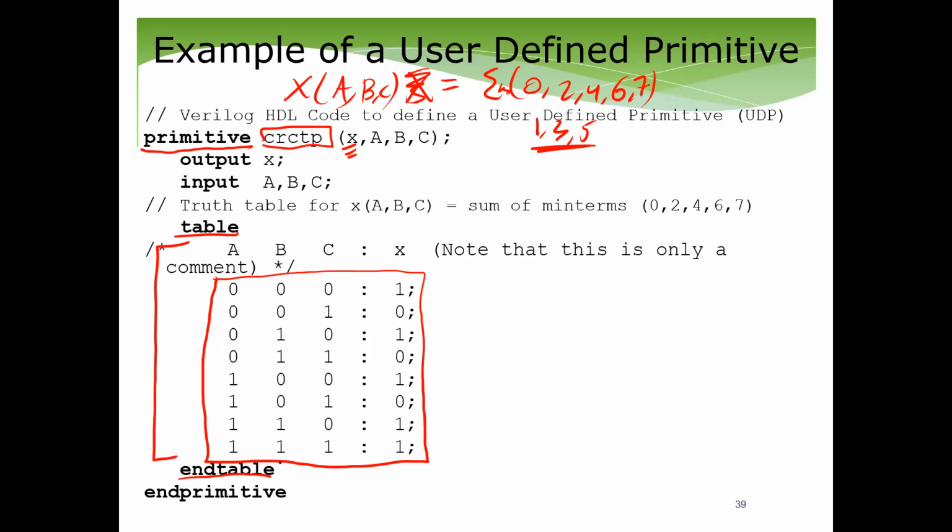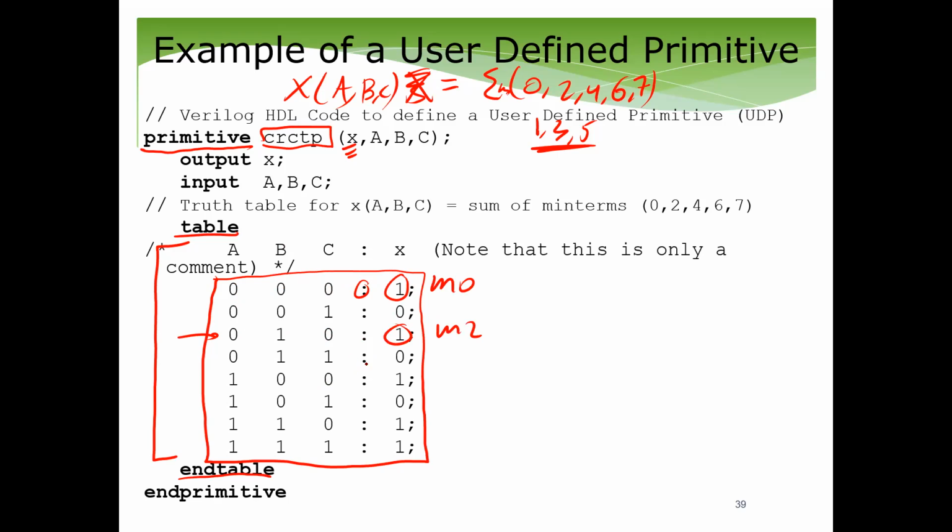The way you write it is straightforward. Just write the inputs in order and then use a colon. After the colon, write the value of the output for this entry. So for ABC equals 0, 0, 0, your output will be 1. This is M0. For 0, 1, 0, this is M2.